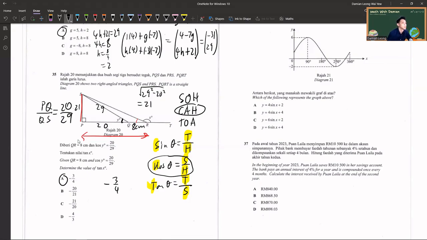Okay, but actually this is a bit of a guess. Yeah, it's a bit of a guess, but it shouldn't make sense for it to be others lah. Okay. A bit of an assumption because it doesn't state PS, PQ, or SQ. So I don't know whether it's 20 and 29 directly, or it can be just 10, 14.5 also.